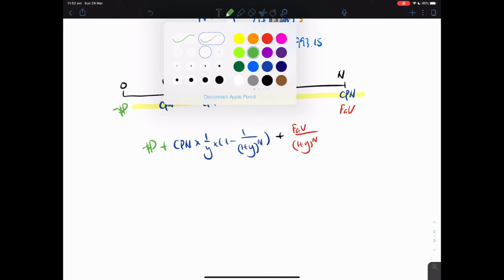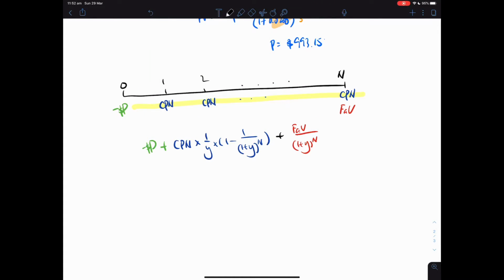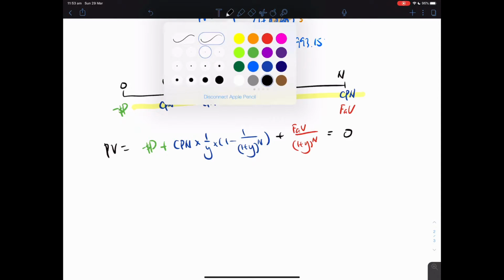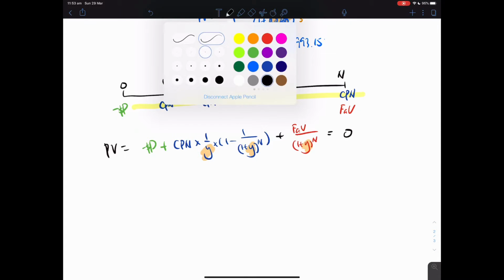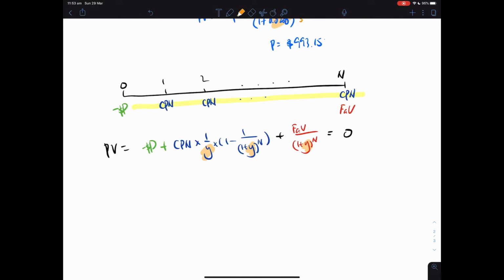And given we're using yield to maturity, the present value of this whole income should be 0. Why is it 0? That's the definition of yield to maturity, the one that makes your cash outflows and cash inflows equal to 0.